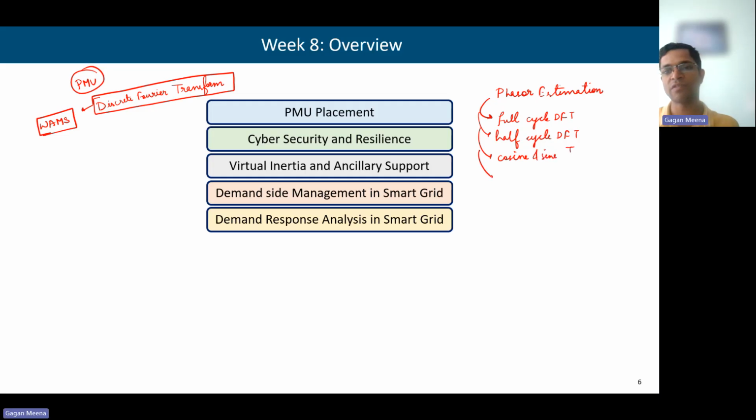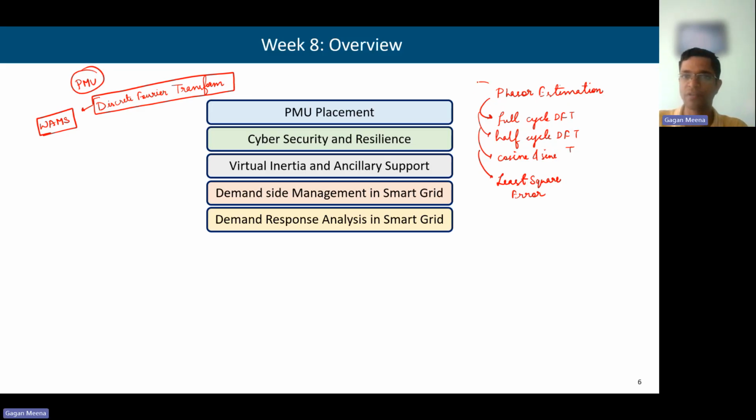And then we also discussed least square error based state estimator, phasor estimation. And we didn't discuss this, but it was also one of the techniques, the Kalman filter. So we discussed all these things.